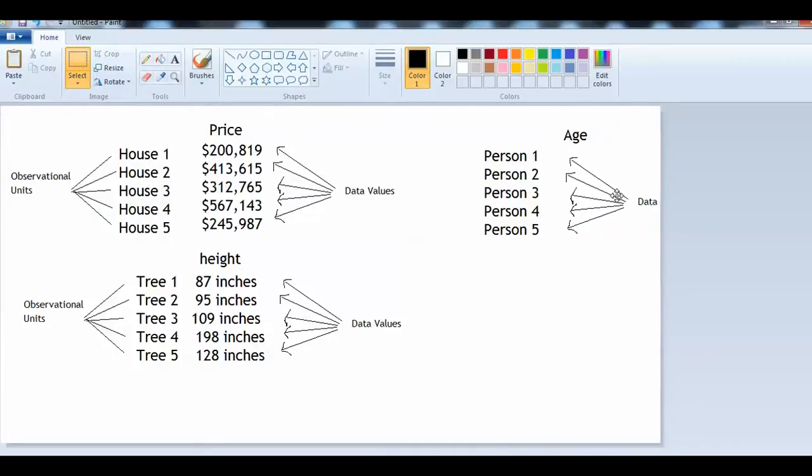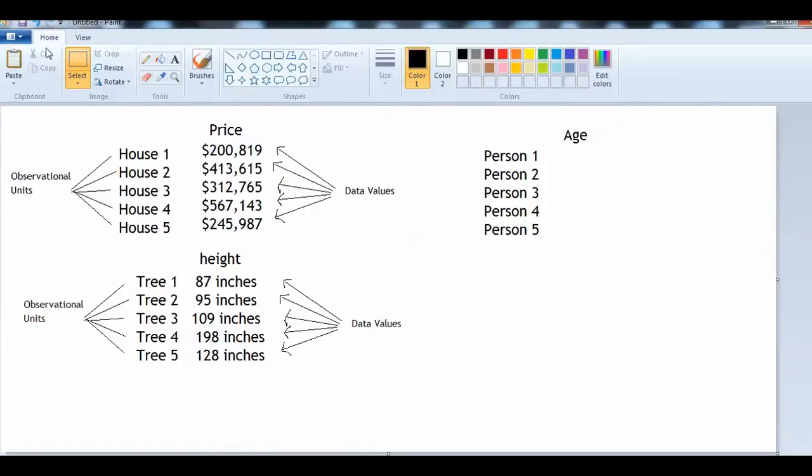But the 5 ages that we're going to end up putting in here are the data values. The word data value got cut off. Let's see if I can expand this. The 5 ages would be the data values.